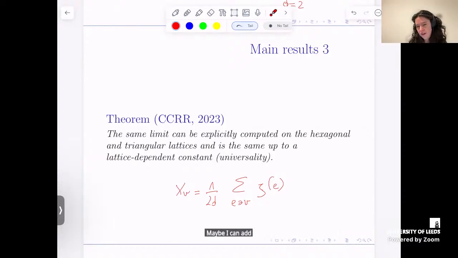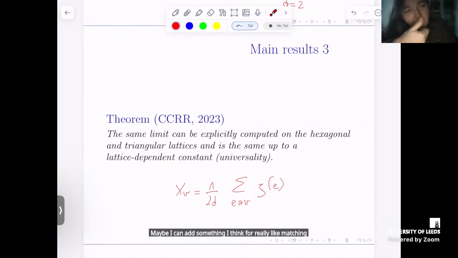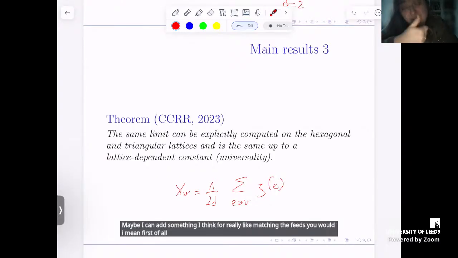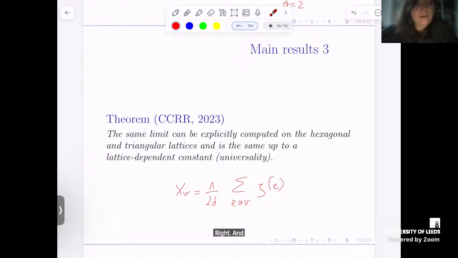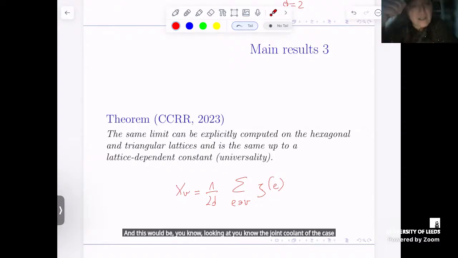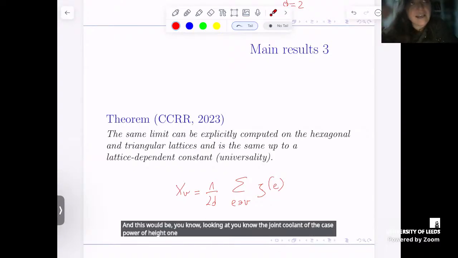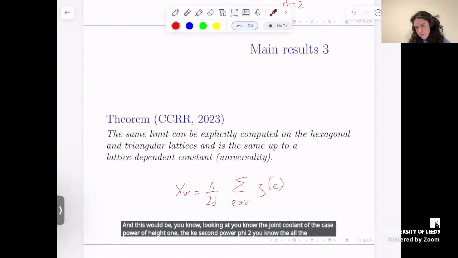Sure. I think for really matching the fields, first of all, you would need to look at, because we looked at the first joint cumulant and at K joint cumulants, right? And this would be looking at the joint cumulants of the K-th power of height 1, the K-th power of height 2, all the combinations.